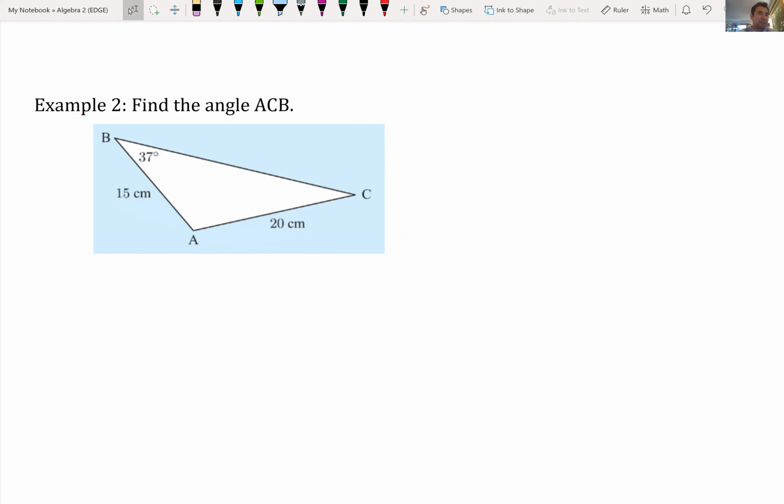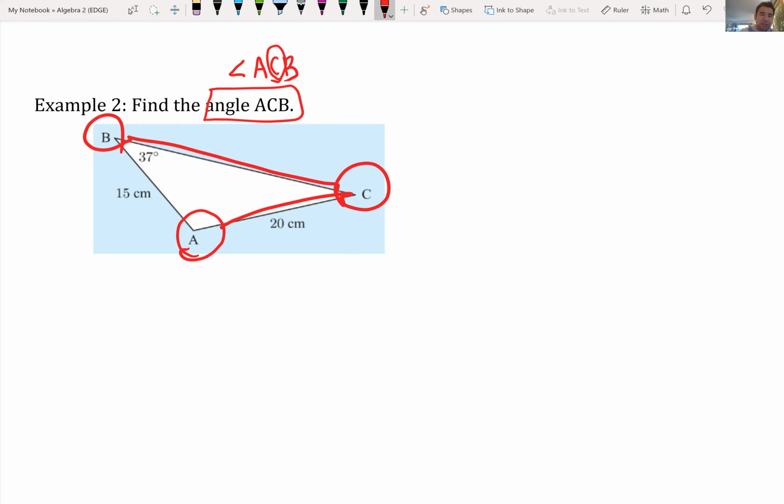First of all, let's make sure that we all know what this means: angle ACB. Sometimes you will see that little hook-nosed symbol for ACB. When somebody describes an angle with 3 letters, the angle is always the middle letter. So when I see A, C, B, we're talking about this angle right here.